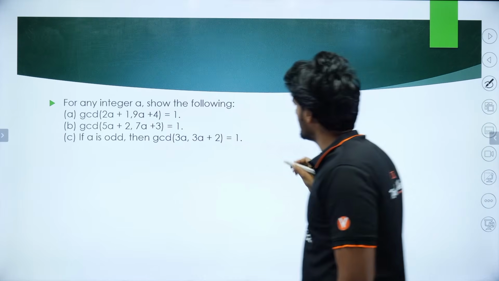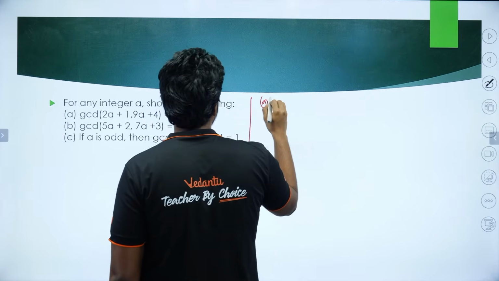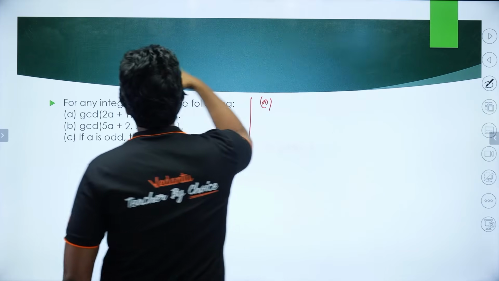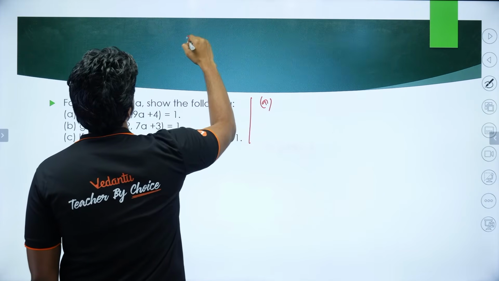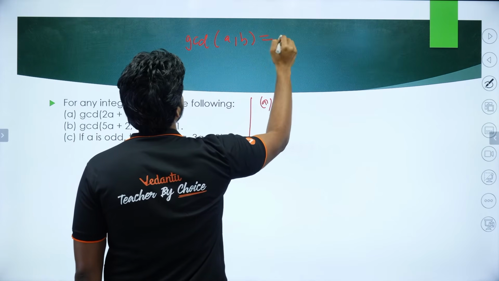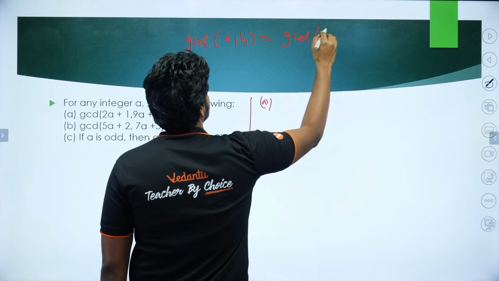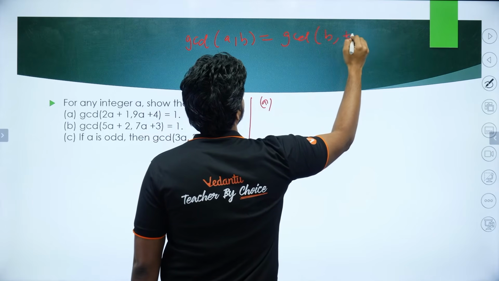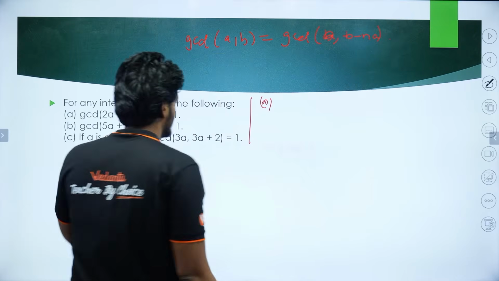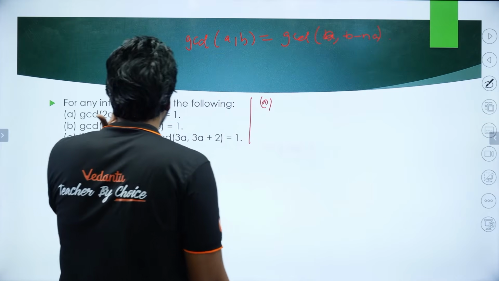First of all, for A, we use extensively the fact that GCD of A comma B is equal to GCD of B comma A minus nB, for all n, that should be true.